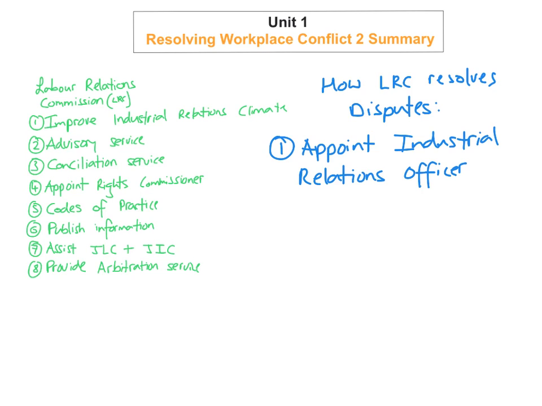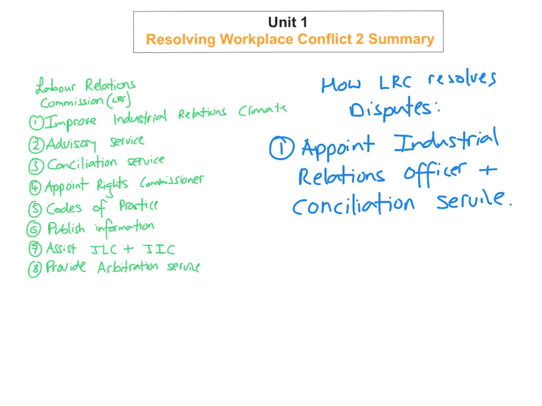And what they will do is they will provide a conciliation service. Conciliation service is when an independent officer will meet with both parties, and they maybe give a solution to what they think is best, and a fair way to deal with the dispute.